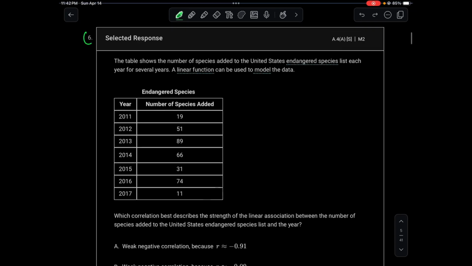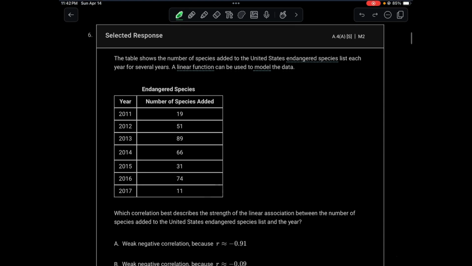Number 6. The table shows the number of species added to the United States endangered species list each year for several years. A linear function. Okay, that's our first keyword.